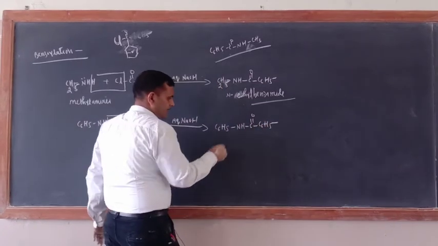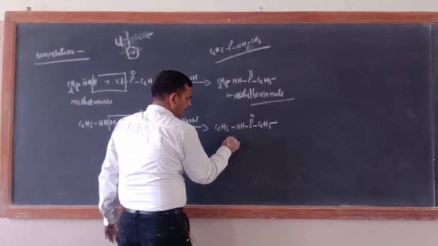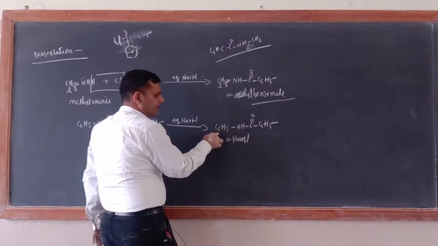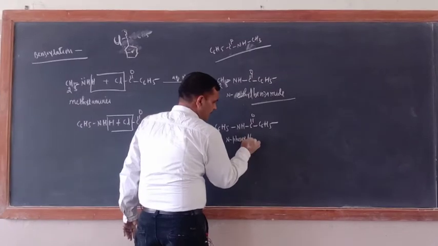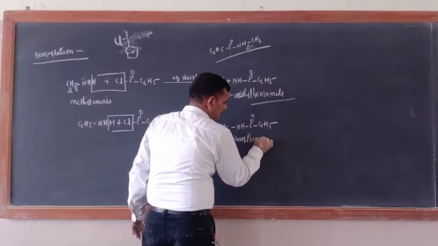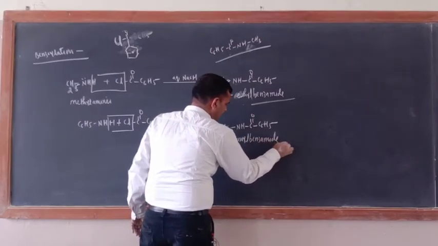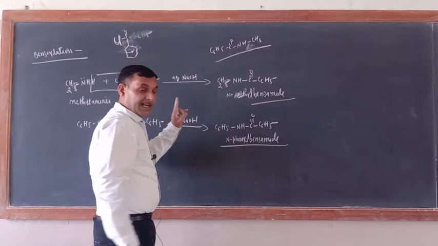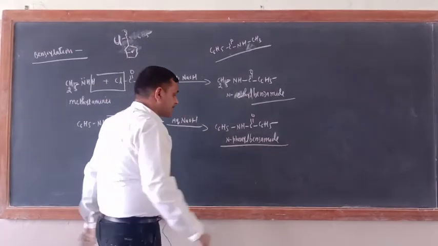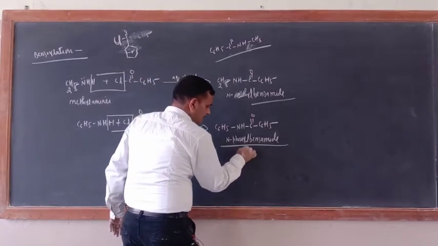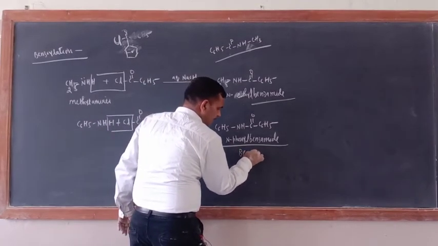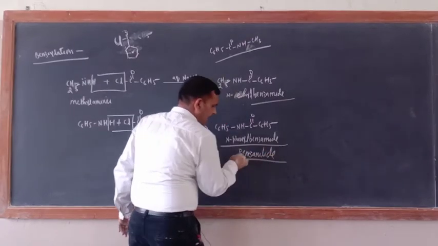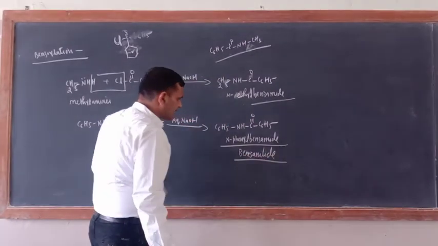With the N-phenyl group there, this is N-phenyl benzamide. Just like acetanilide, this is benzanilide.